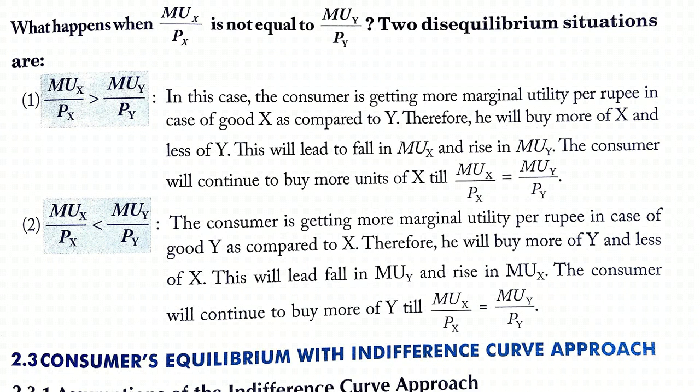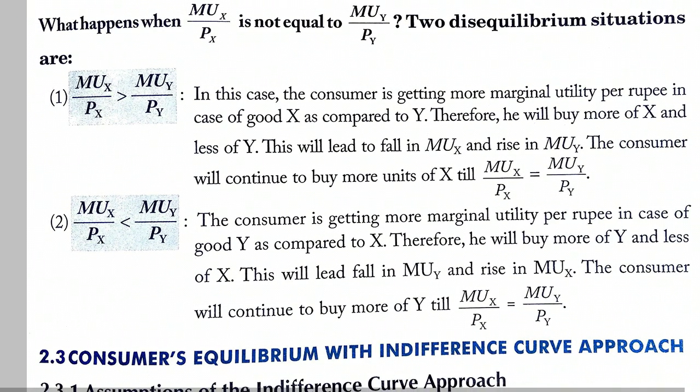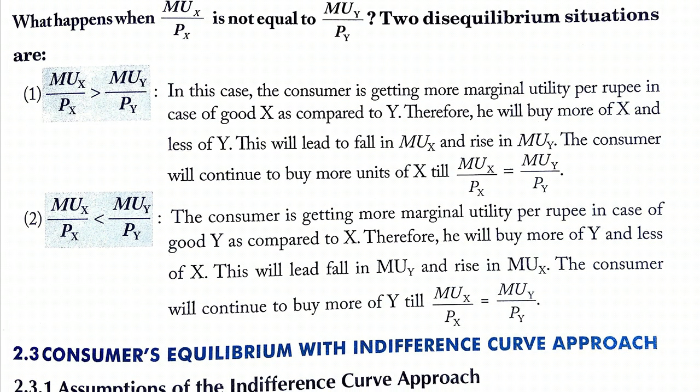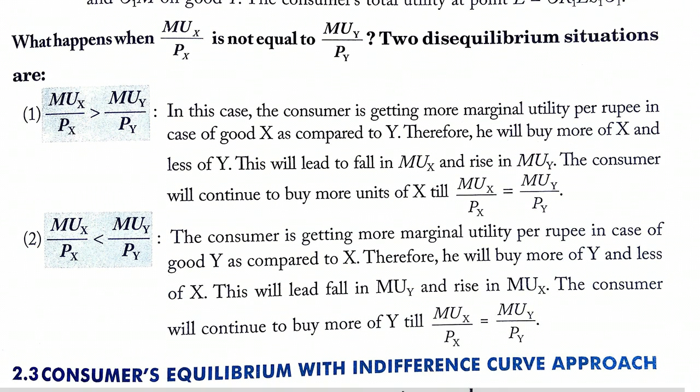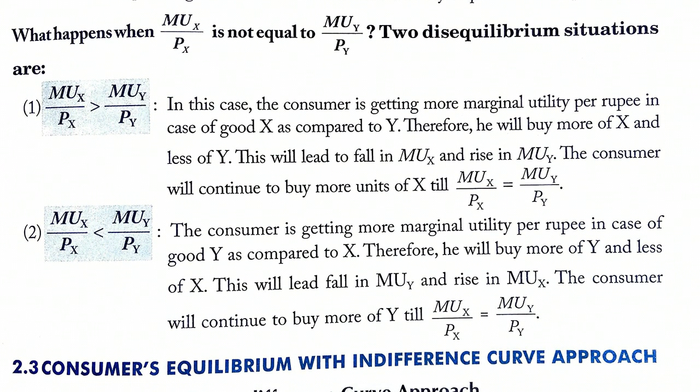Now two situations are like this. Number one, when MUx by Px is greater than MUy by Py, it means that by consuming X, the consumer is having more utility. So you may say that MUx by Px is equal to 2 and MUy by Py equals 1. So in this case, X is giving more utility.